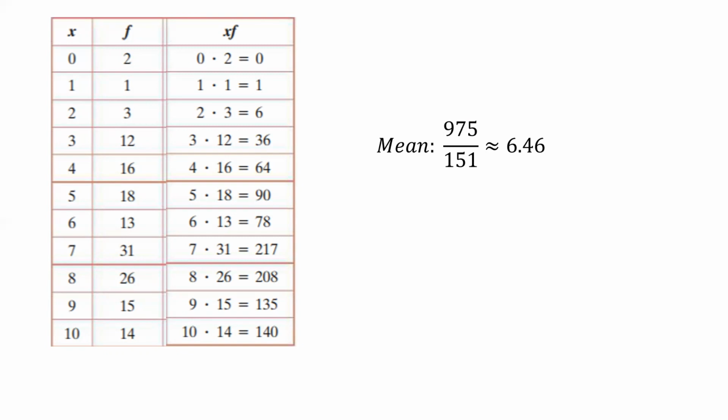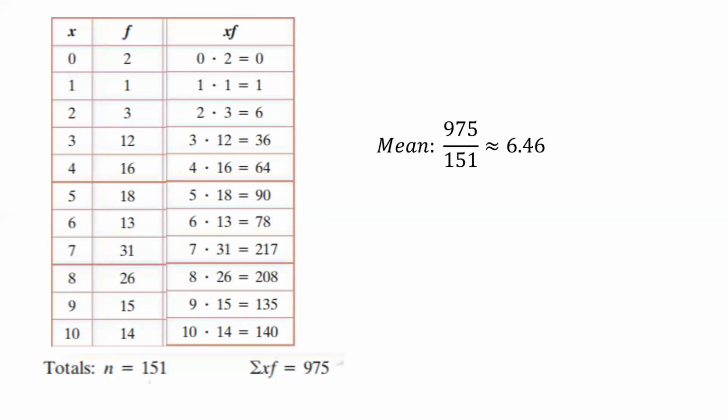Since 0 was spun twice, I would do 0 times 2, then 1 times 1, and then I got 2 3 times, so I do 2 times 3, all the way down my table. I have to do this for all of the values because this gives me the true overall total of my spin results. Then if we sum up that entire right column, we get 975, and we spun a total of 151.